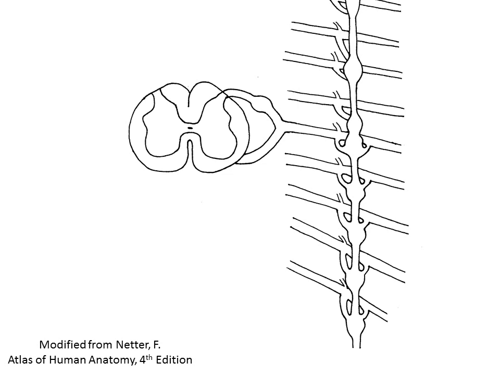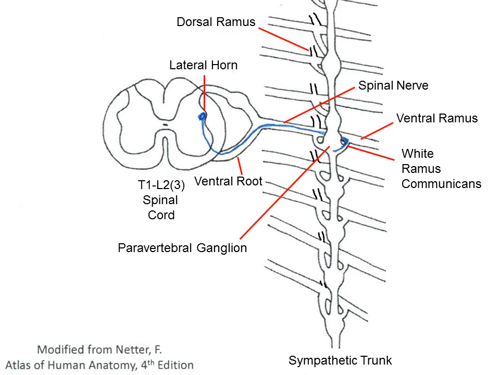We'll now draw out the pathway taken by all of our preganglionic sympathetic neurons, regardless of where they eventually need to go. So again, we are somewhere within the spinal cord between the first thoracic and the second or third lumbar levels. The preganglionic neuron cell body is in the lateral horn.